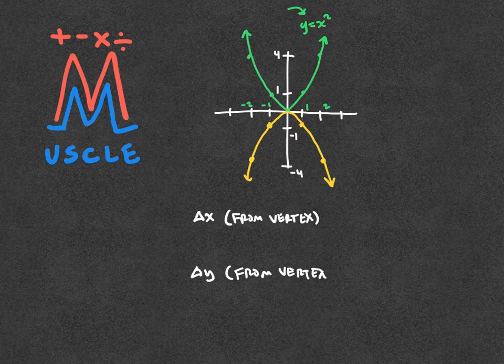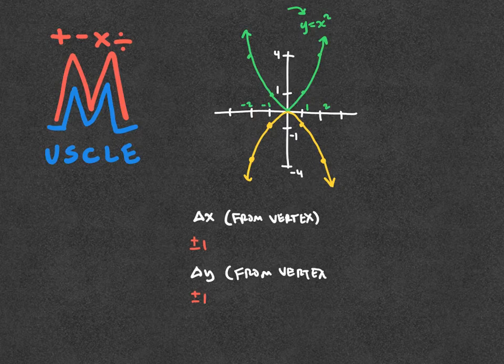Okay, so let's look at the change in x. So if the change in x is 1 from here to here, the change in y will either be 1 or -1, right, in a general parent function quadratic. So, like I said, if the change in x is plus or minus 1, then the change in y should be plus or minus 1.